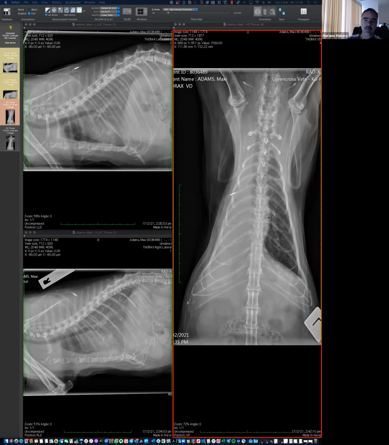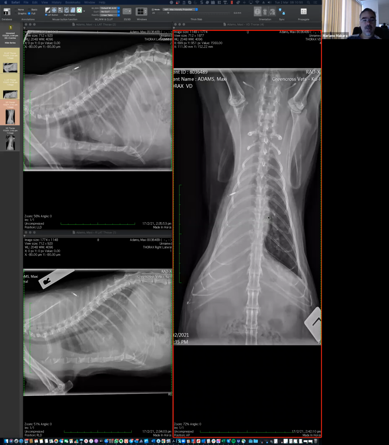Two structures of the same opacity in contact, then we erase the border. So this is exactly what is going on here. The only new information that we know is that they are in contact and that it is soft tissue. The problem is that the soft tissue category is a very broad one. It could be fluid, mass, or cells. It could be anything. But probably the only thing we are saying here is that it's not gas and it's not fat.